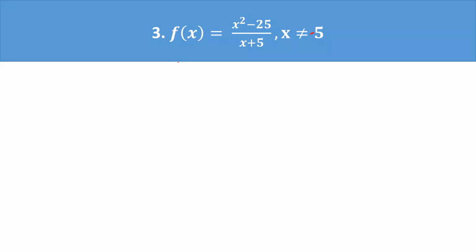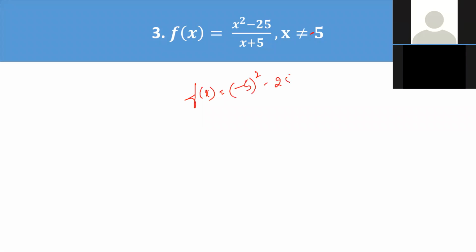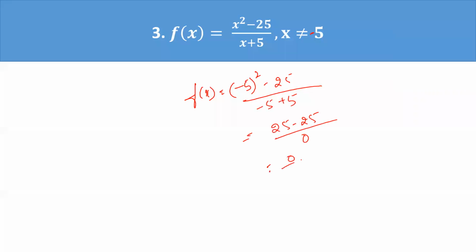Okay, you'll get something plus 5 and minus 5. Yes, that we can do. But first check, if you put x is equal to minus 5, what will you get? f of x is equal to minus 5 square minus 25 divided by minus 5 plus 5. So that is 25 minus 25 divided by 0, which is 0 by 0.